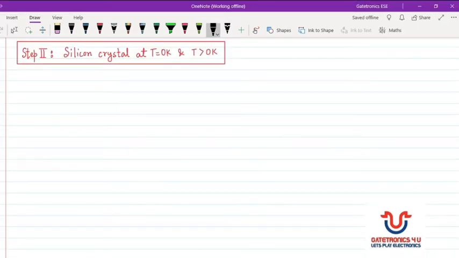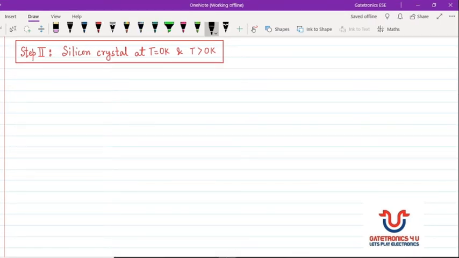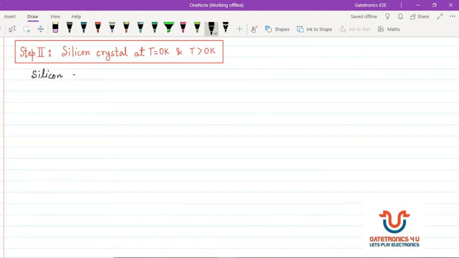So far, we have seen that the silicon crystal behaves as an insulator at T equals to 0K. So we can write silicon crystal behaves as insulator at T equals to 0K, because at T equals to 0K there will be no thermal energy that will create any free electrons inside the semiconductor, because there is no bond breaking inside the semiconductor.